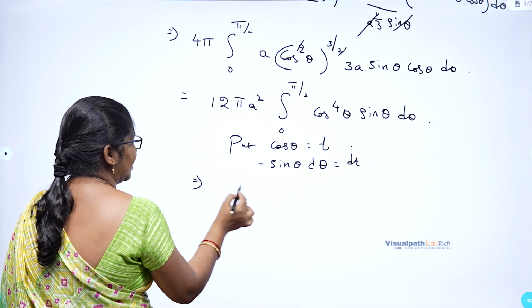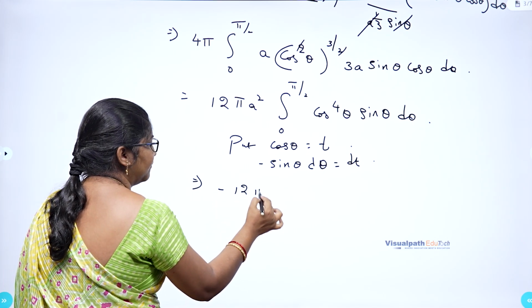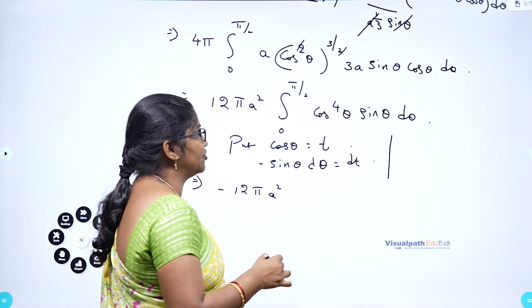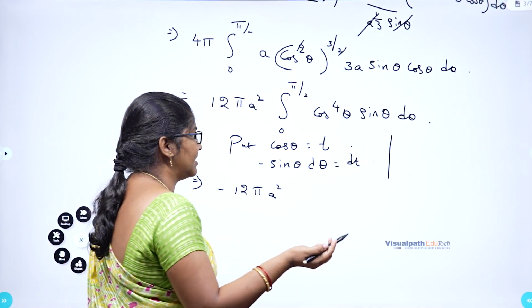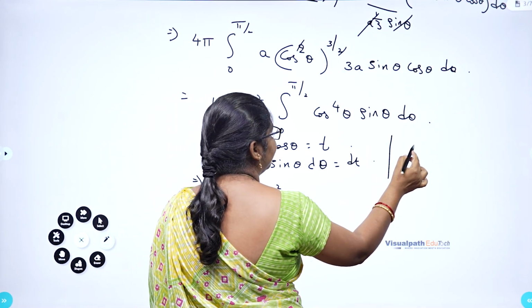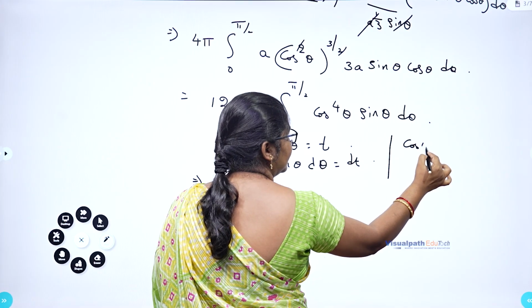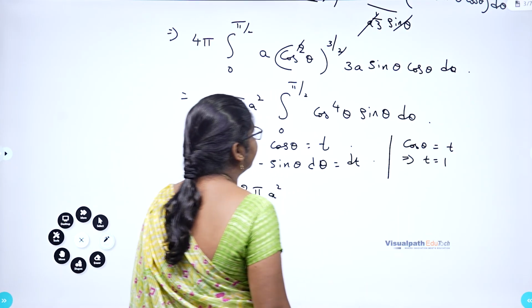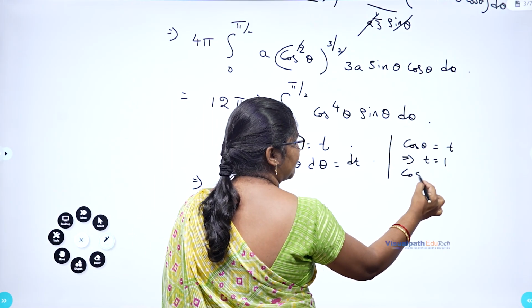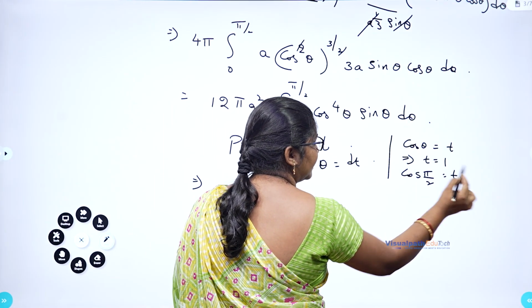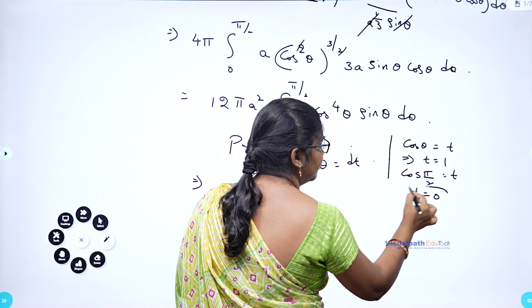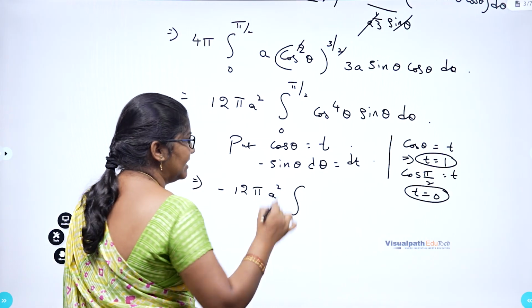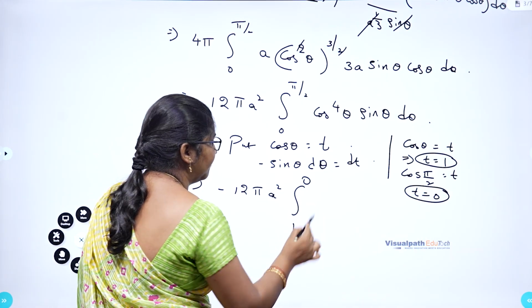Here I am multiplying with −12πa², and when we are doing substitution, limits also will be changed, as we already know. When it is cos 0, t value will be 1. When it is cos π/2 equal to t, t is equal to 0. So by substitution method, this is 1 to 0.